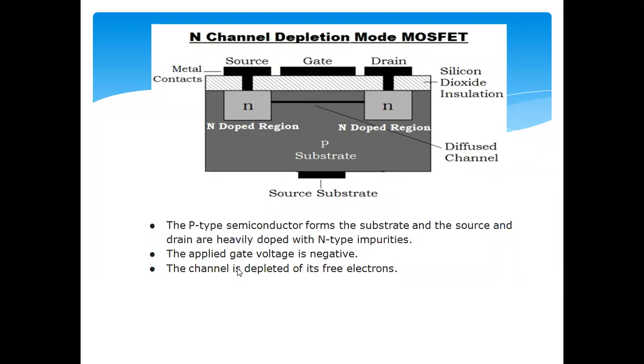Pentavalent means what? To complete the octet, you need 3 more electrons. Sorry, that is the trivalent impurity. And for pentavalent, you need 5 more electrons to complete the octet.